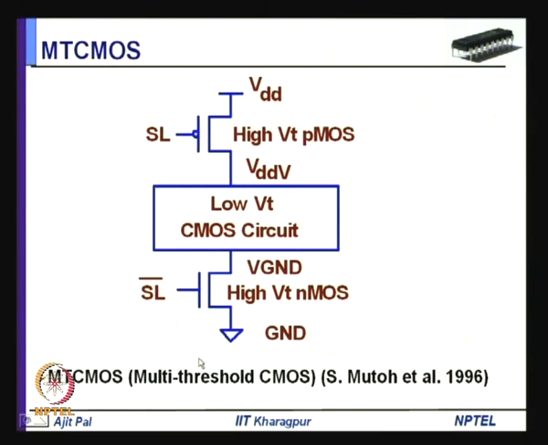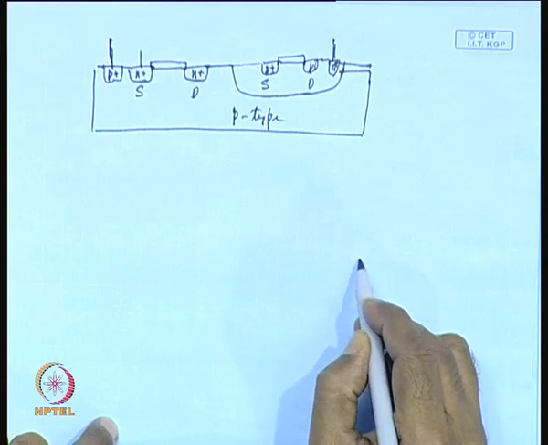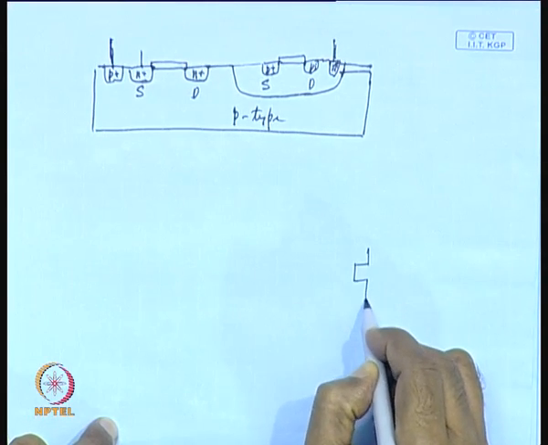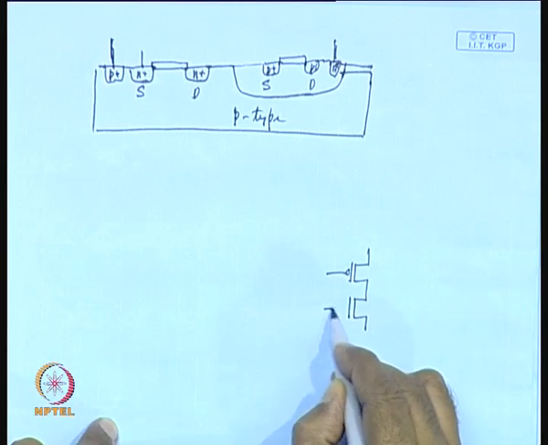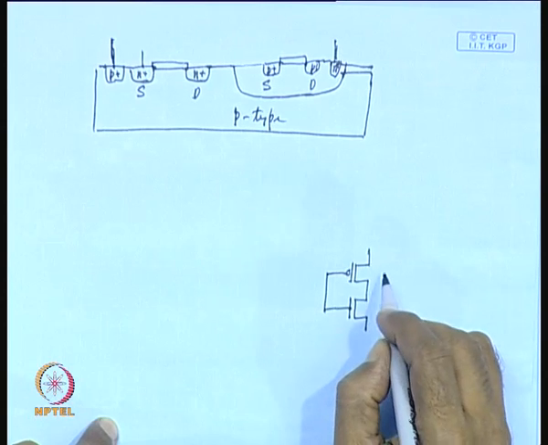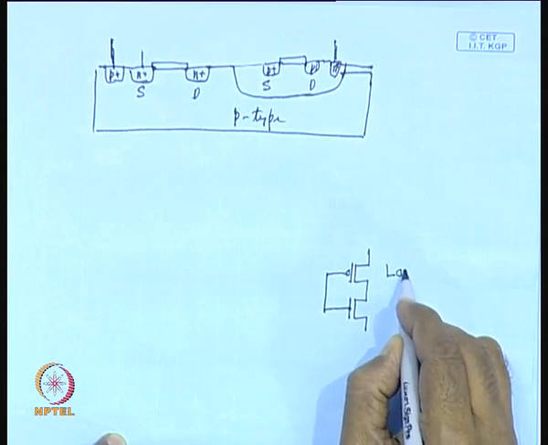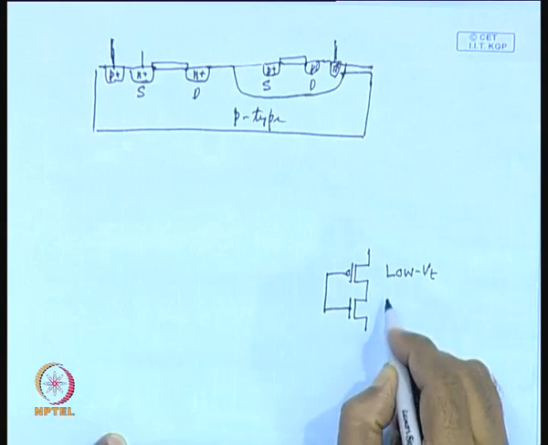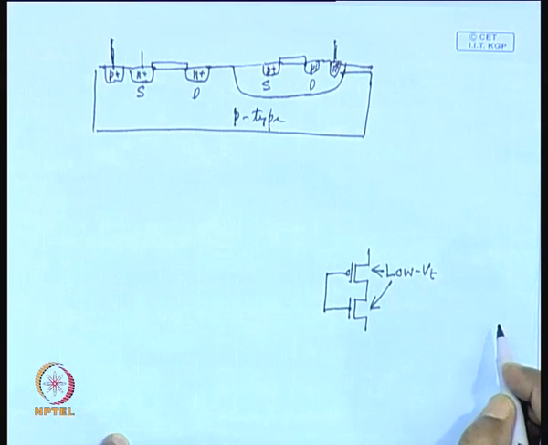What essentially you are doing, suppose you have got an inverter. This is an inverter. This inverter you can realize by using low VT, so both the transistors you can realize by using low VT transistors.